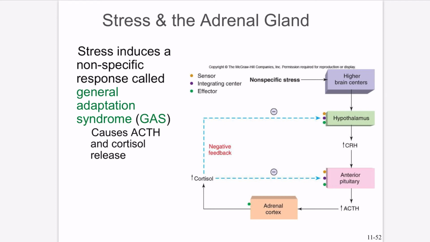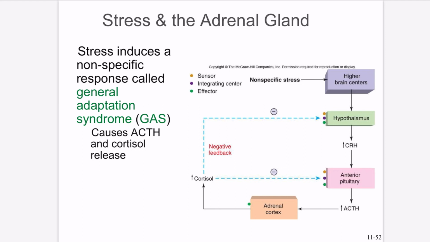Glucocorticoids are a long-term stress hormone, as I discussed. And so when you have non-specific stress, it is going to cause the hypothalamus to trigger the anterior pituitary to release adrenocorticotropic hormone to release cortisol in response to that stress.